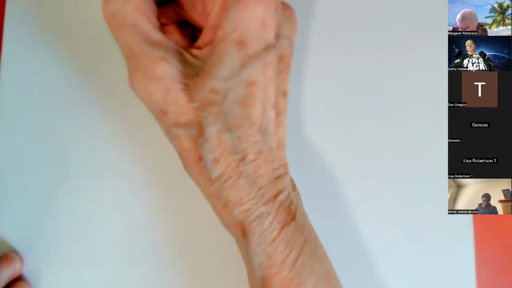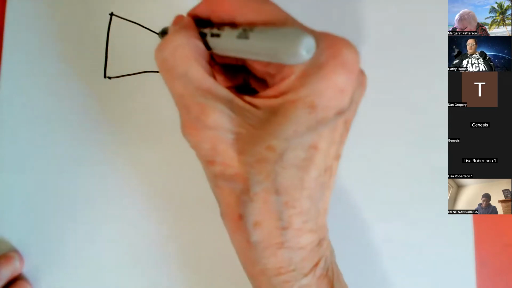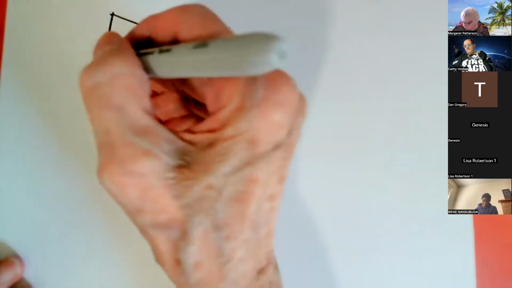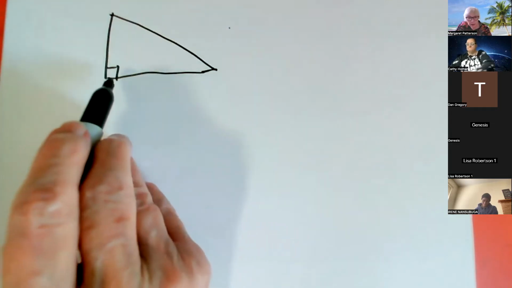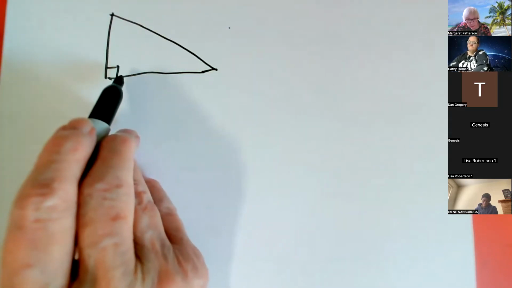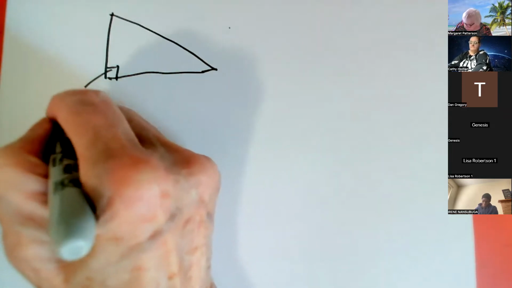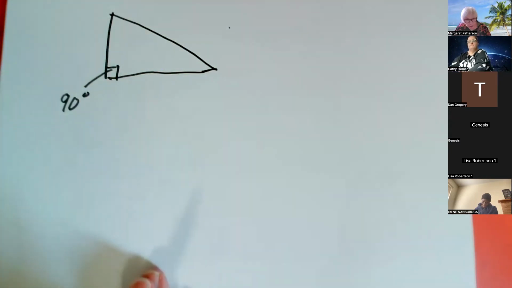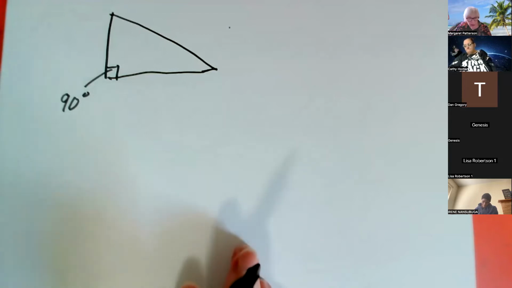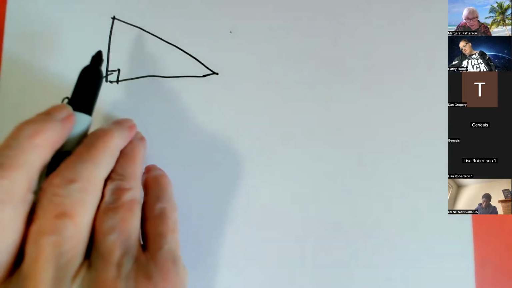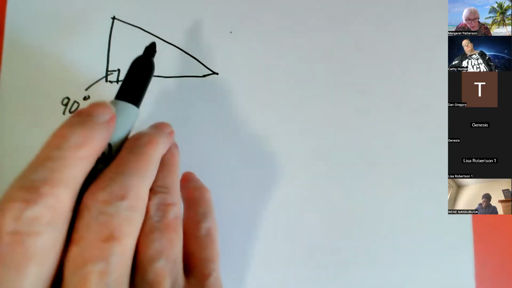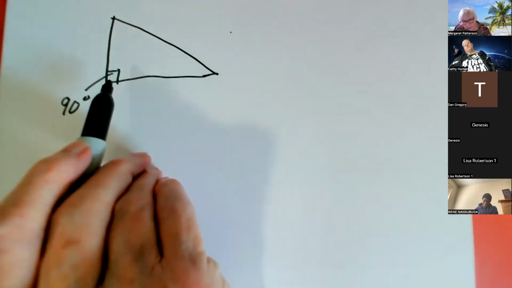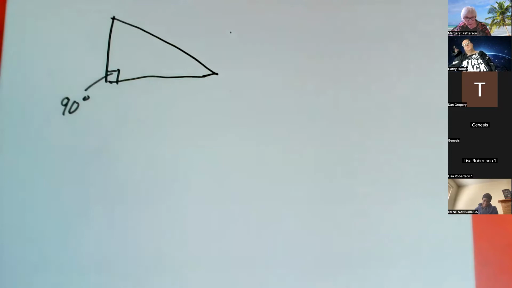Now, the other thing in this last section has to do with right triangles. Right triangles are ones that usually are marked like this. It's 90 degrees, so the two lines are perpendicular to each other. Somebody figured out that there's a relationship between the three sides when you have a right triangle, a triangle with a 90-degree angle.